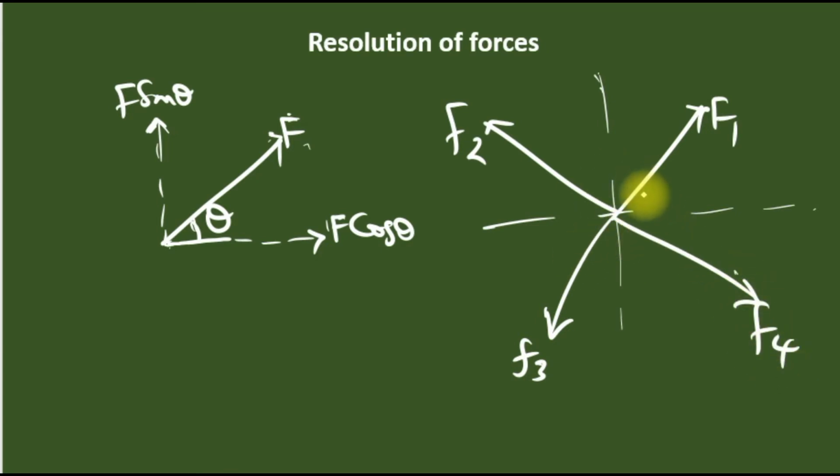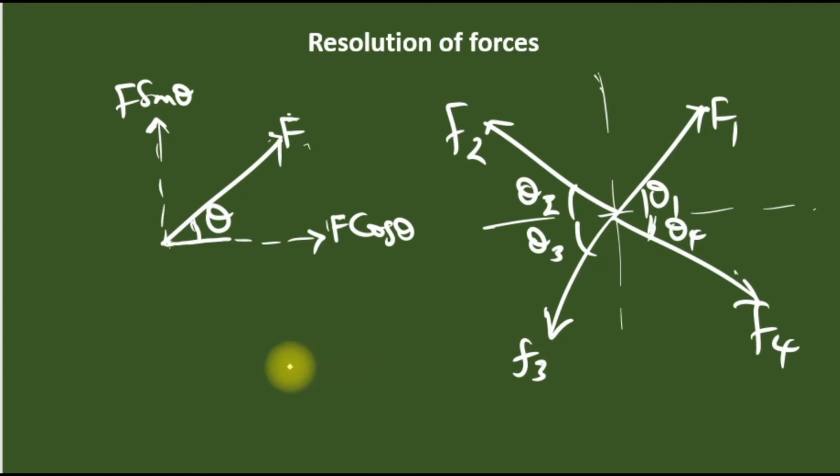Assuming the angle to this is theta 1, while the angle here is theta 4, while the angle here theta 3, while the angle here theta 2. So we need to resolve each of these both horizontally and vertically.